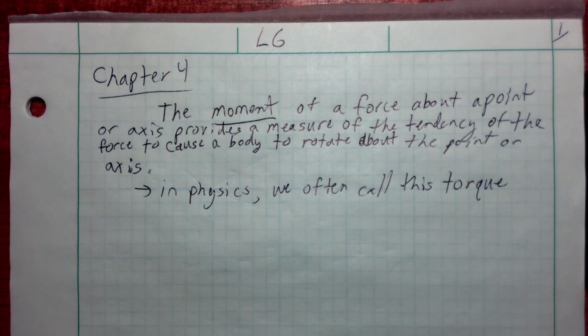Moment is used when the rotation is potential but not actually occurring. I don't know that that's a concrete difference, but that's normally when I've seen the term moment applied. It is often applied in a scenario where rotation is not actually occurring, but the tendency to do so is there, and we need to be able to measure it.